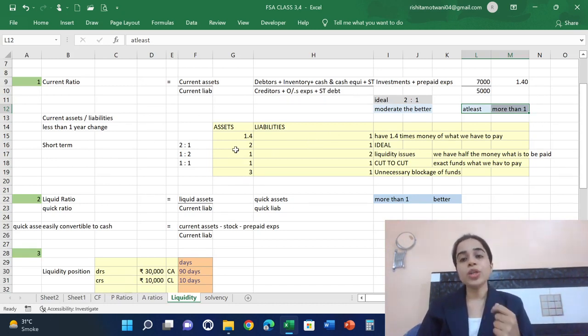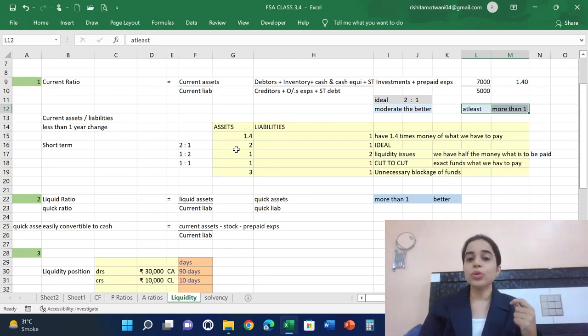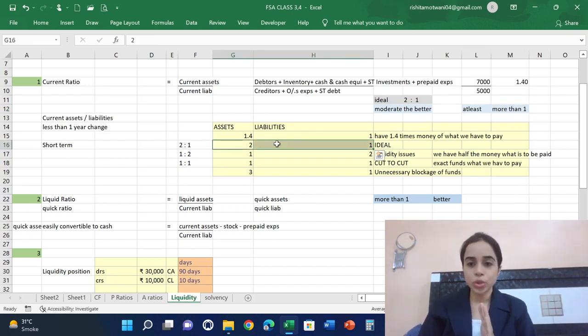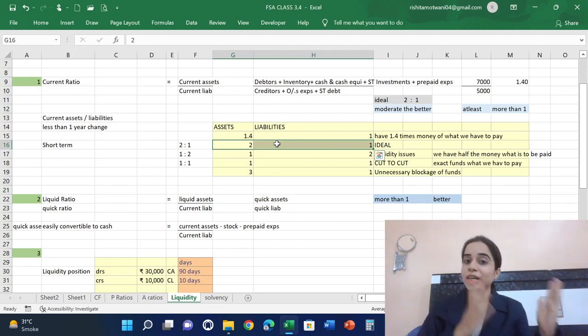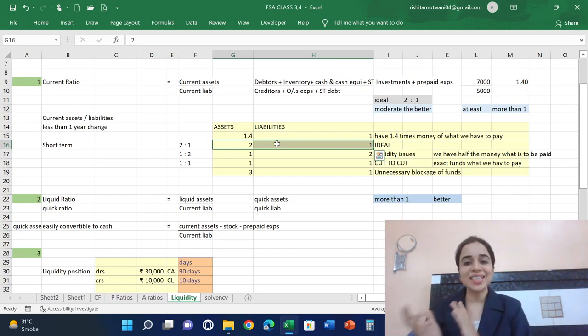Here you cannot say higher the better. Why? Because there is a possibility. So here moderate the better would work. The ideal seems to be 2:1. That is, you have twice the amount of current assets of your current liabilities, to be very specific.